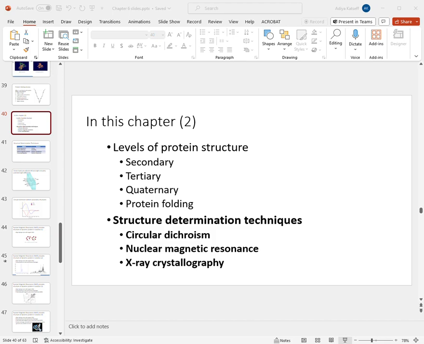Circular dichroism can be done pretty quickly, and so that's something you can actually use to monitor a protein in real time. For example, if you're slowly adding a component to a protein, or perhaps changing the buffer to a different pH, you can monitor in real time if there are any changes to the secondary structure of a protein.